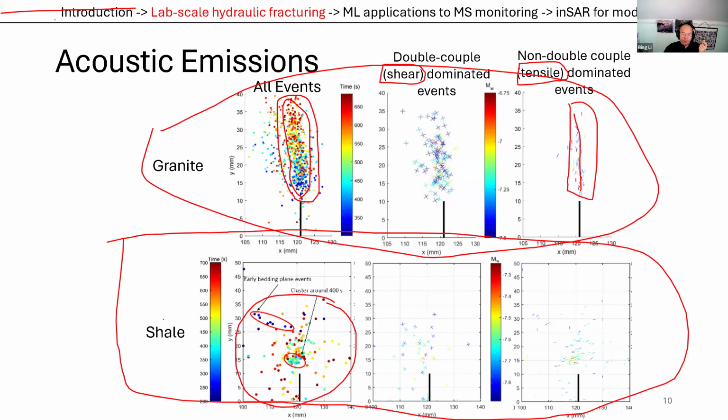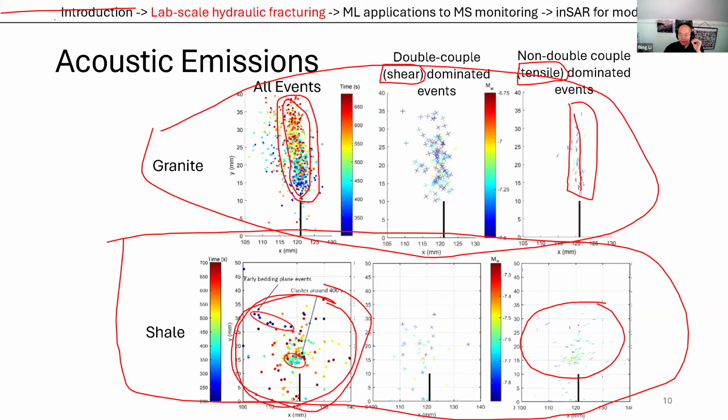This is most likely related to the nature of shale being a more rate strengthening material, as they call it in geophysics, which is to say that it tends to produce much lower seismic energies for a given amount of energy input into it. So there are far fewer events that we observe in the shale, and if we look at the locations of them, we can see that they're more diffuse throughout the medium compared to the granite.